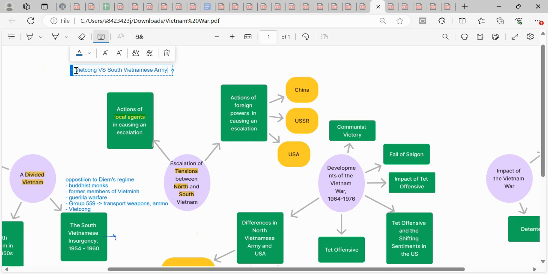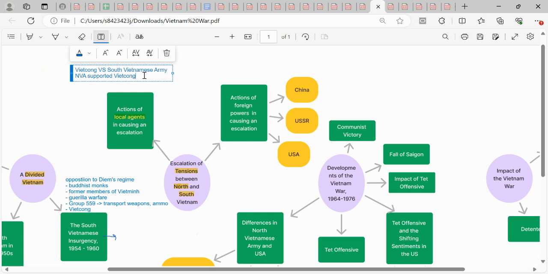So that was the North supporting the South. So just the NVA supported the Viet Cong. Okay, just to make sure we know who the characters involved are. Then you have, on the other side, how this became increasingly seen as a proxy war.